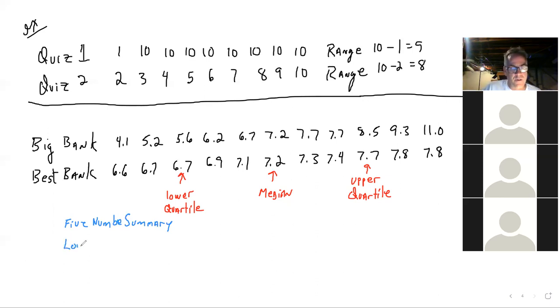They're going to be the lowest value, the lower quartile or first quartile, the median, the upper quartile or third quartile, and then your highest value, the maximum value.